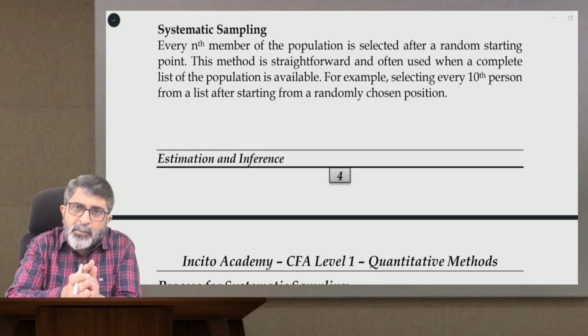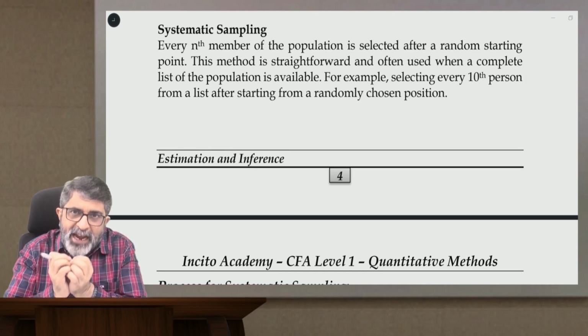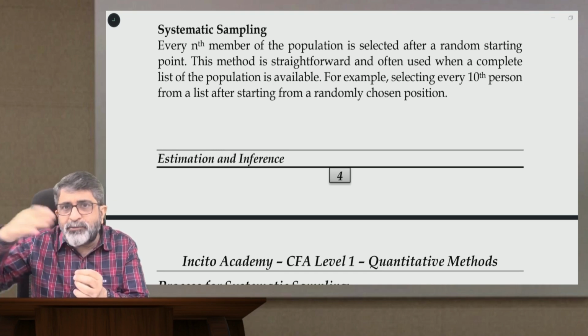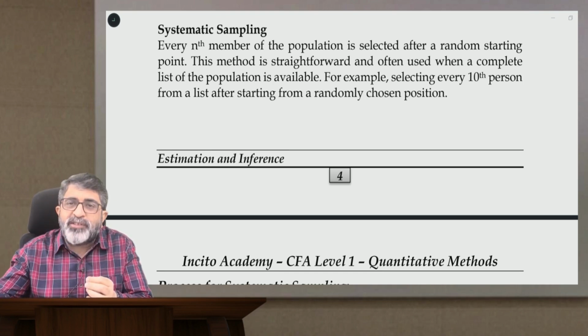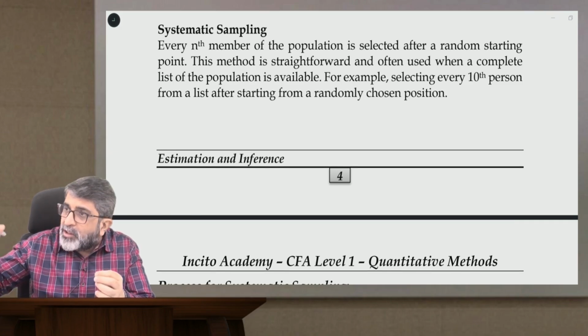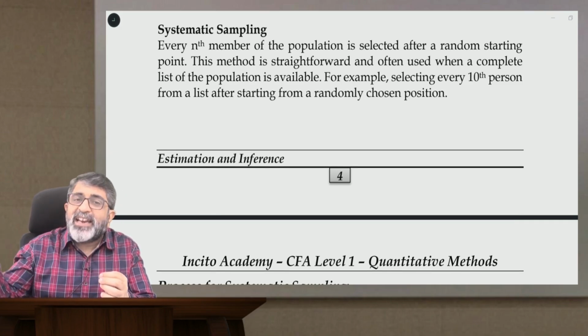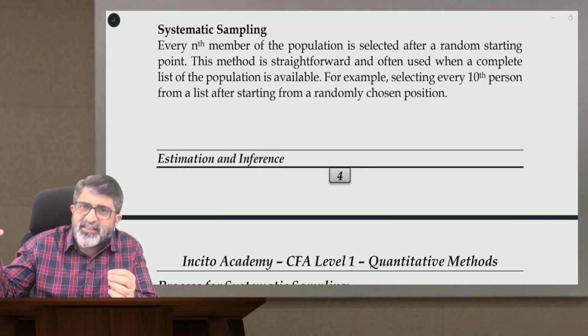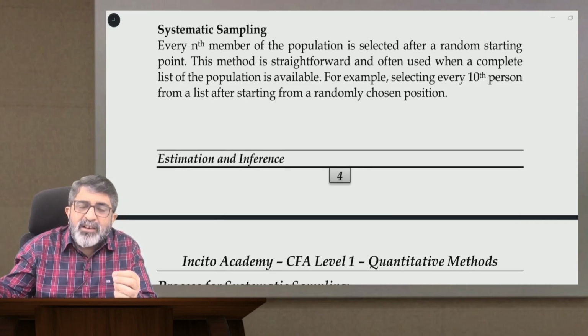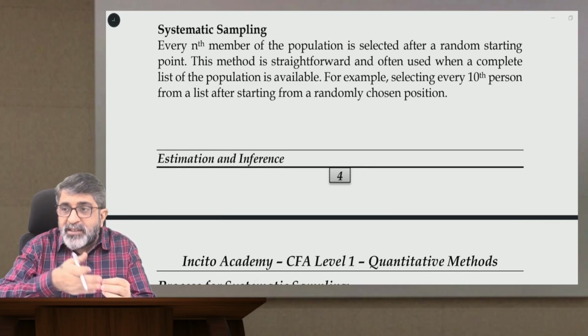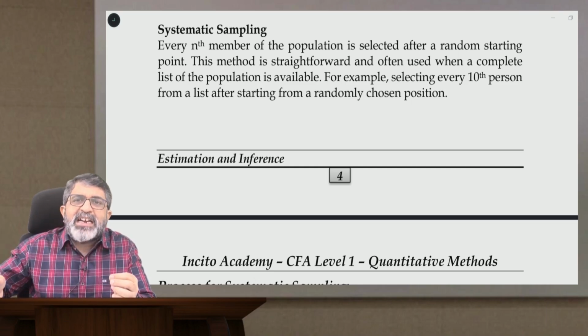After the 5th member is selected as one item in the sample, you leave the interval of 10, then you select the 15th member, then again skip 10 and select the 25th member, again skip 10 and select the 35th member. That means you are keeping a constant interval.